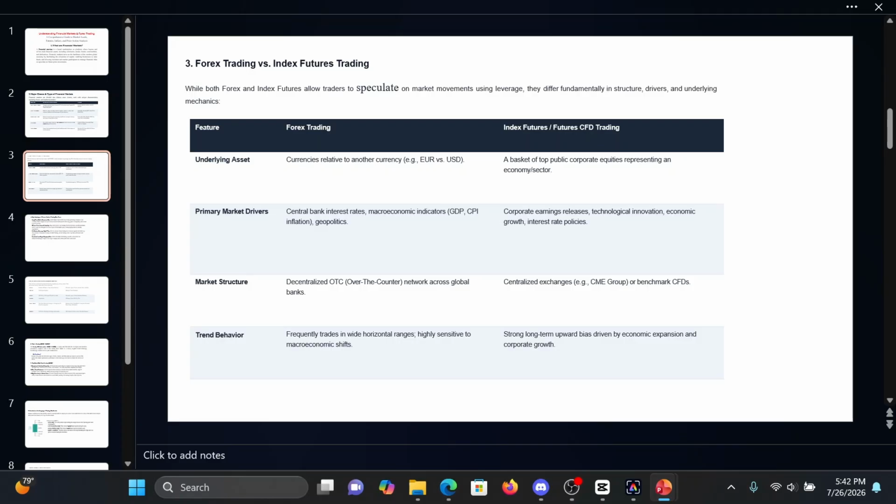They differ fundamentally in structure, drivers, and underlying mechanics. So these two, the forex and the futures market, are both in the financial market, but they differ.